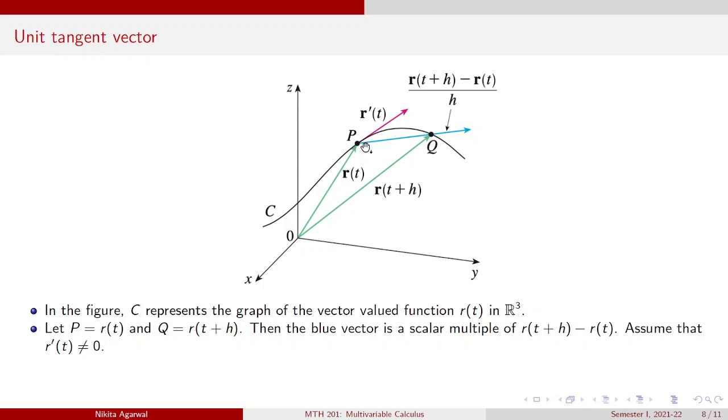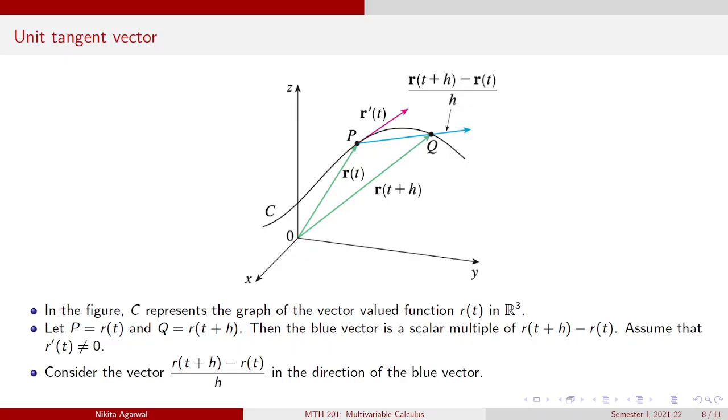Because that is the direction of this vector. And assume that r prime t is non-zero. So this is an important assumption that we make all the time to make these things work. So r prime t is a non-zero vector, and you can see that it's tangent to the curve at the point r(t).